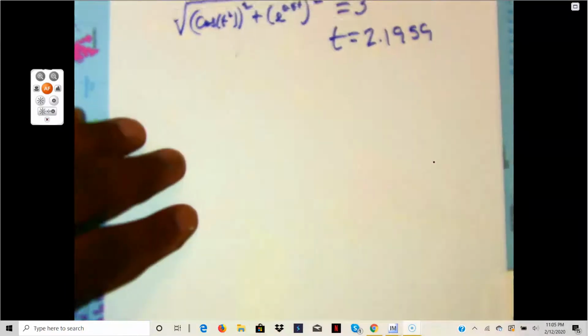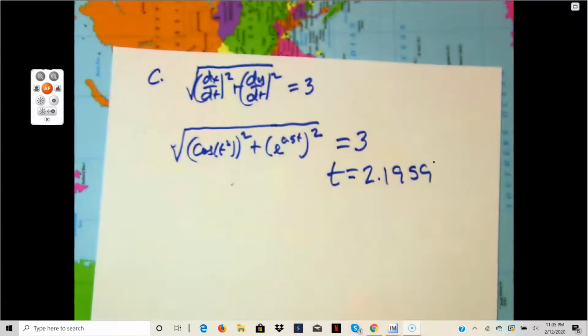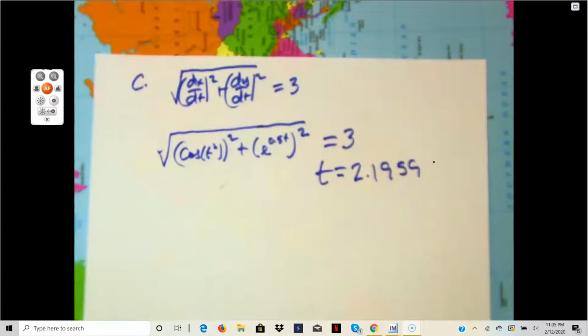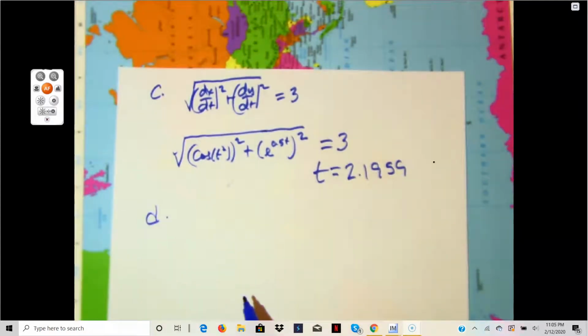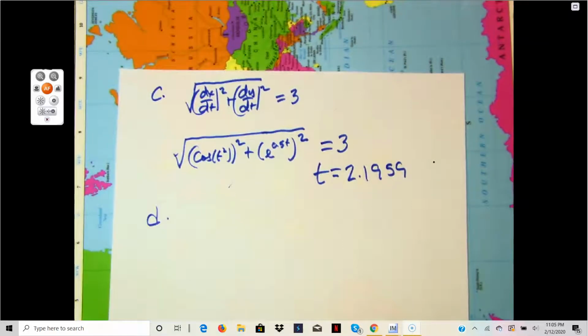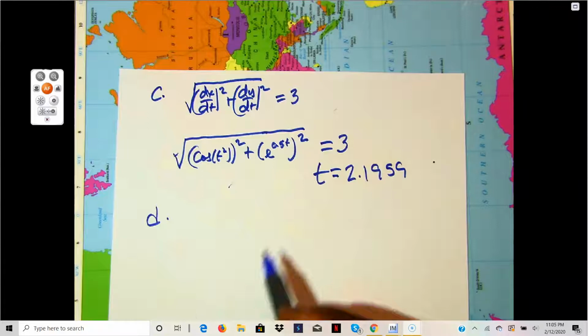So for part D, find the total distance traveled by the particle from time t equals 0 to t equals 1.